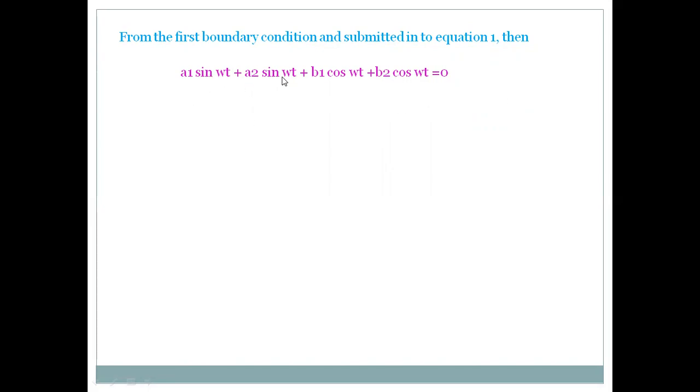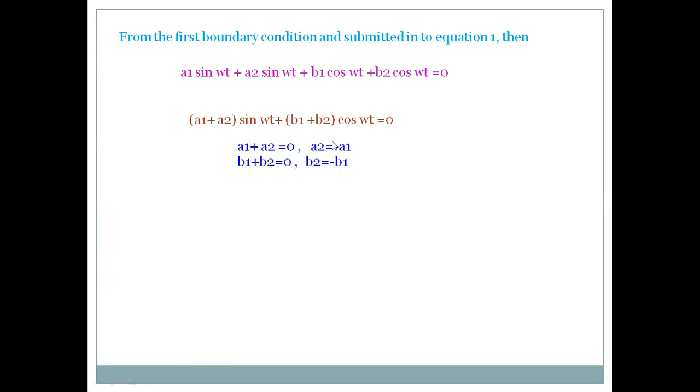When sin omega t is taken as common, that is (a1 plus a2) into sin omega t, plus, when cos omega t is taken as common, (b1 plus b2) into cos omega t, that is equal to 0. We know sin omega t is not equal to 0 and cos omega t is not equal to 0. So a1 plus a2 is equal to 0 and b1 plus b2 is equal to 0.